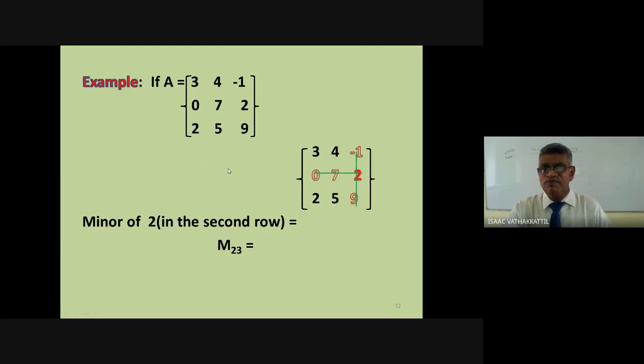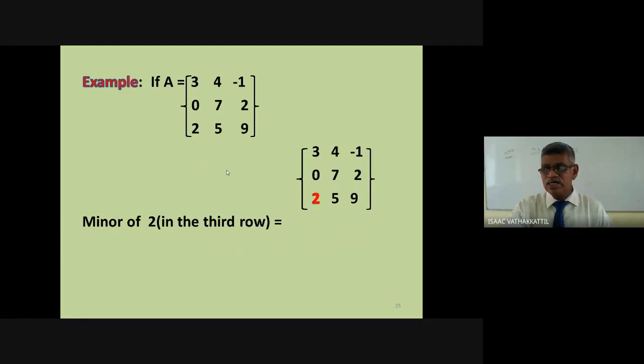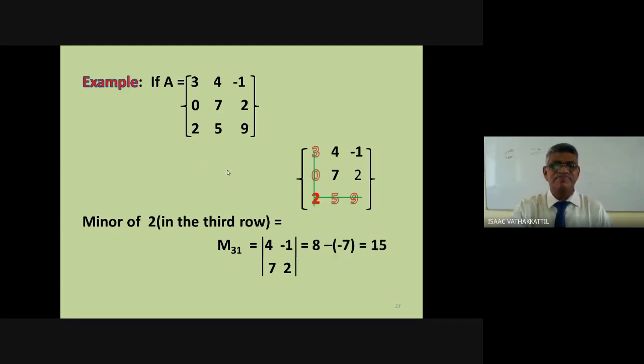What is the value? 15 minus 8, that is equal to 7. Whereas if I ask for the minor of 2 in the third row, then it is different. Remove the row and column containing that 2 and you get 8 minus 7, that is 15. Is it clear what is the minor of an element?